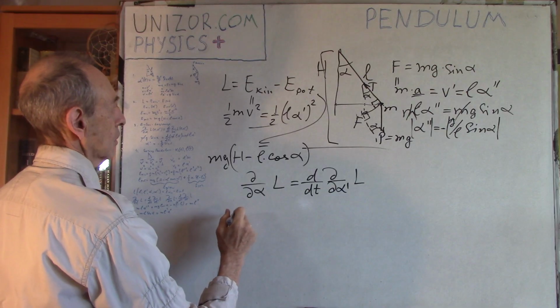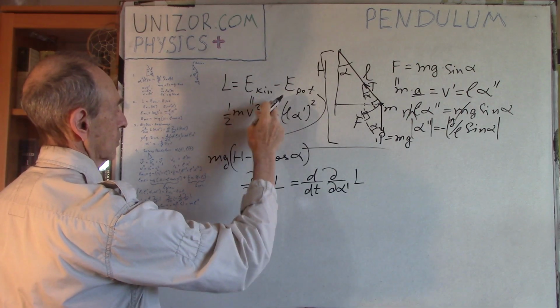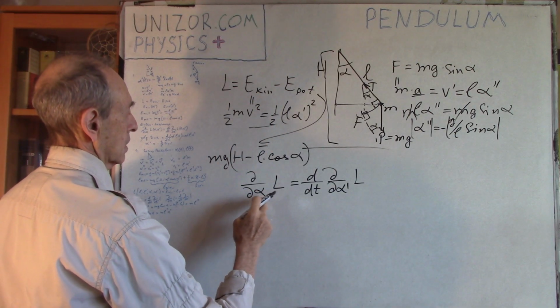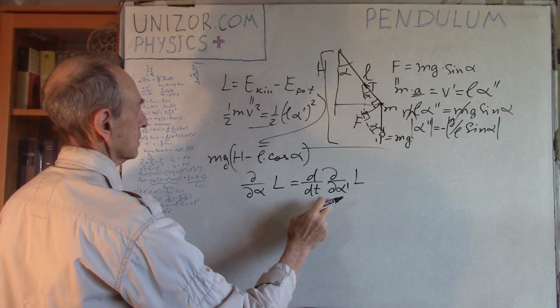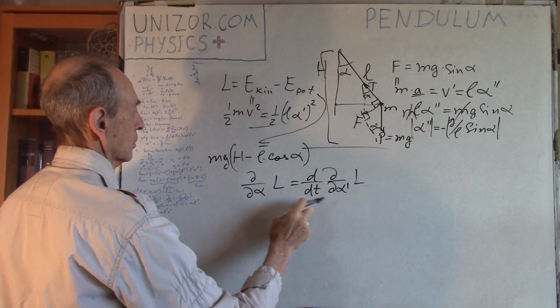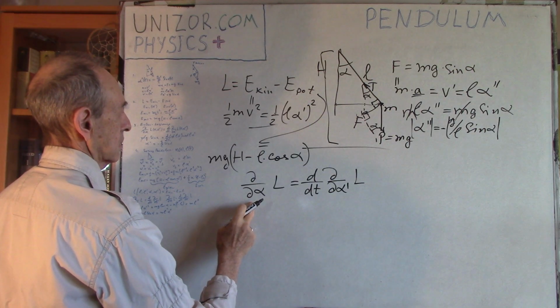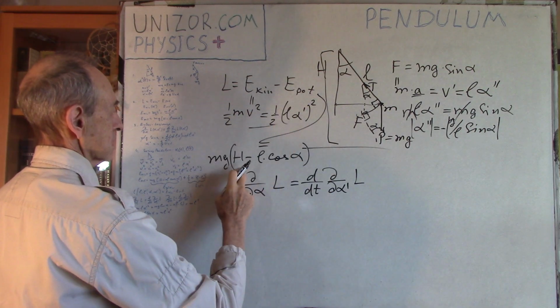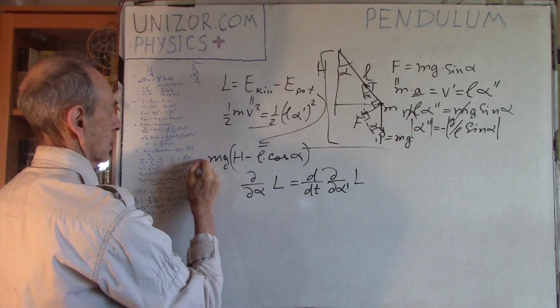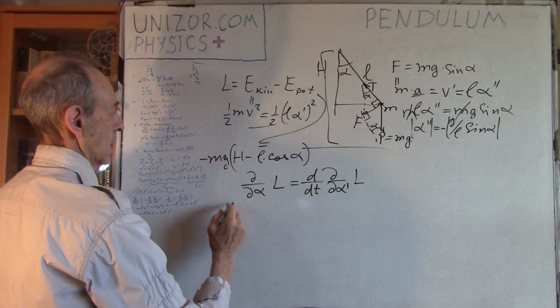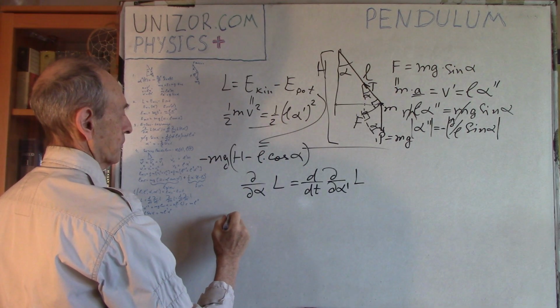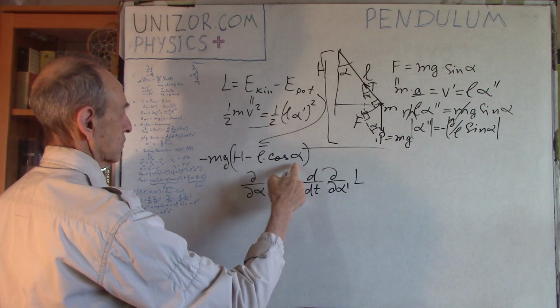So the way it goes is, first of all, from kinetic energy we get only this one, right? And this is from potential. Potential is this, with a minus sign, by the way. So that would be the derivative of this.